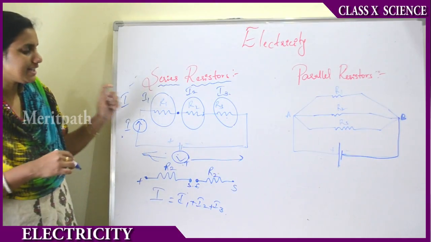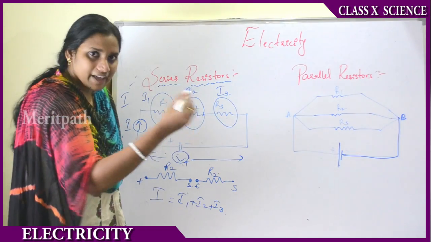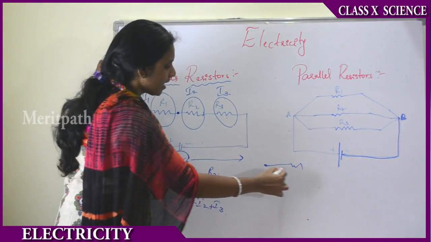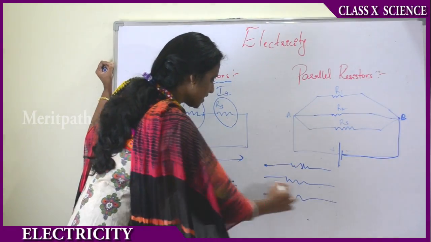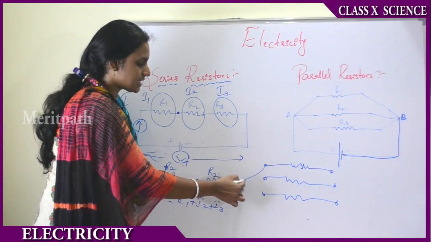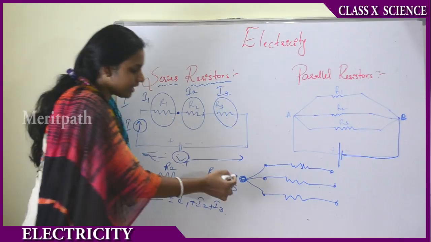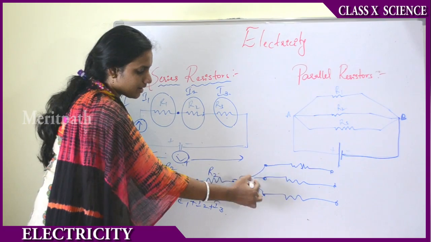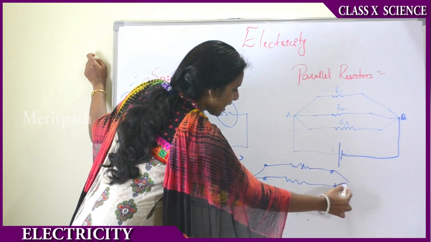Okay, and now let us see the parallel resistors. The connection is defined as when all the front ends of the resistors are connected to one point. For example, let us take these 3 resistors, and the first ends of these 3 resistors are connected to one point, that is they are bunched up, tightly packed, and all the first ends are tied to one point and all the second ends are tied at a second point, that is the other end.